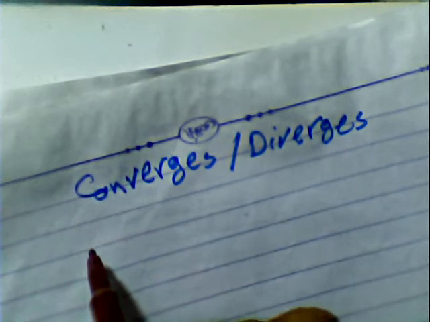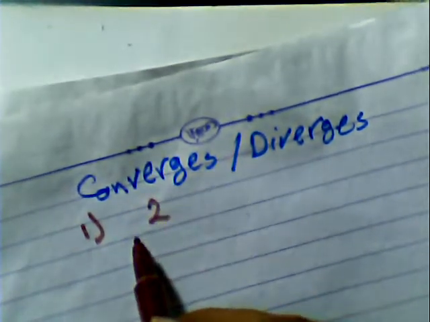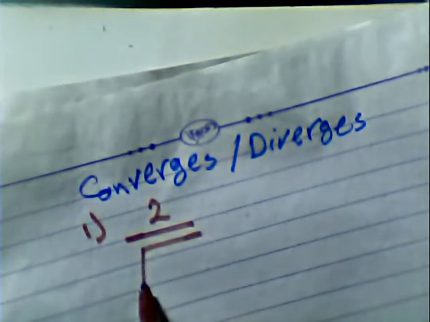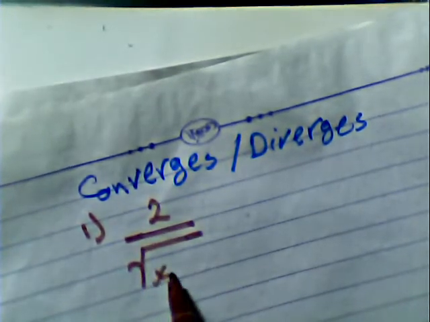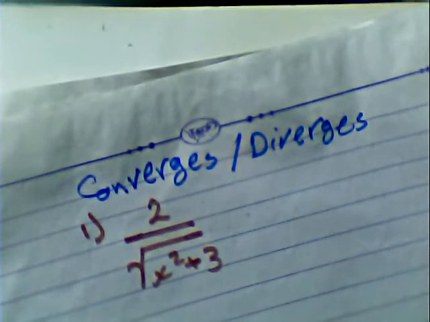How we can have one example like 2 over square root of x squared plus 3. Then how can we get the limit of this function?